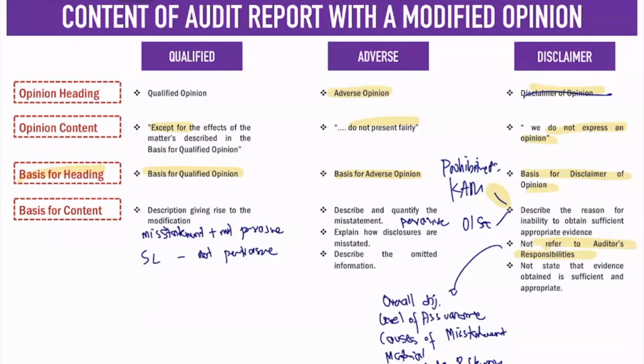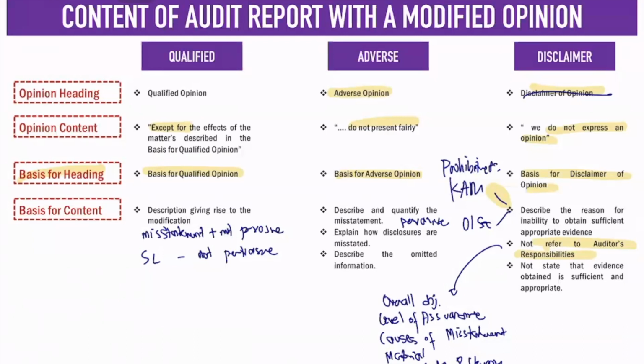So why will a disclaimer of opinion not refer to the auditor's responsibility? Because again, you were not able to get sufficient appropriate evidence.